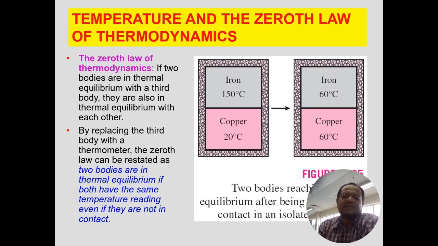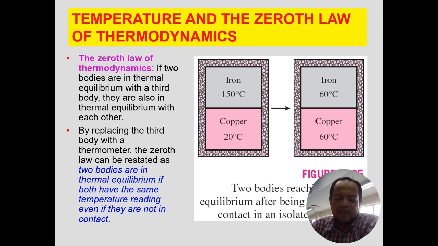Okay, next is temperature and the zeroth law of thermodynamics. So what is the zeroth law? The zeroth law means if two bodies are in thermal equilibrium with a third body, they are also in thermal equilibrium with each other.